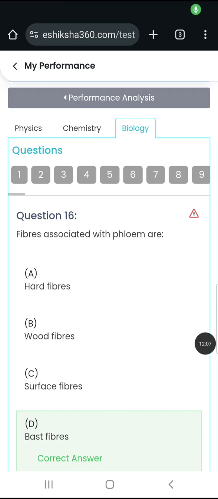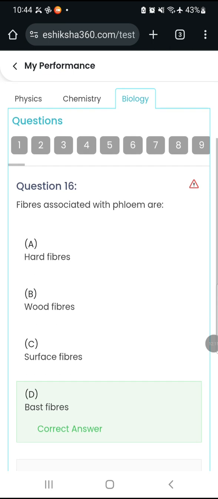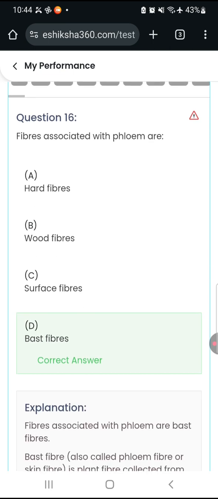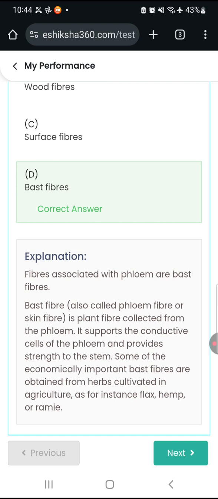Question number 16. The fibers associated with phloem are? Answer: bast fibers. Explanation: fibers associated with phloem are bast fibers. Bast fibers are called phloem fiber or skin fiber. It is plant fiber collected from the phloem.